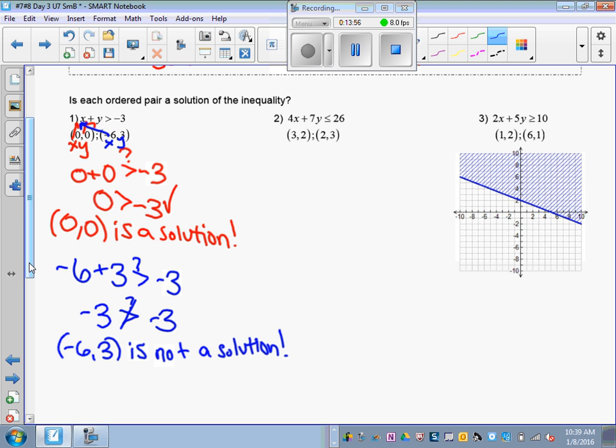So I go over to 1, 2, and I put that dot on my graph. Is that in the shaded area or on the solid line? Yeah, 1, 2 is in the shaded area, so I know that 1, 2 is a solution. Since they gave us the graph, we don't have to solve it.